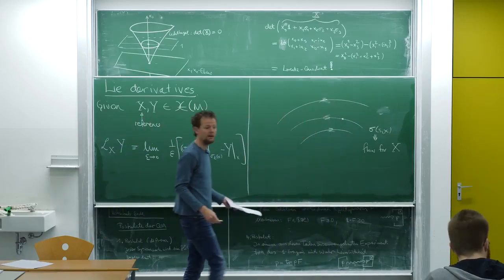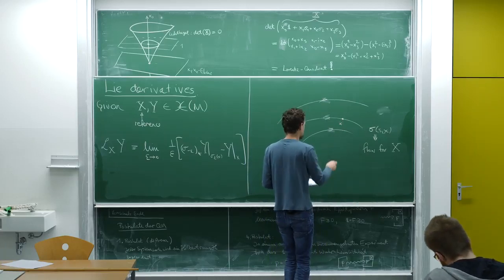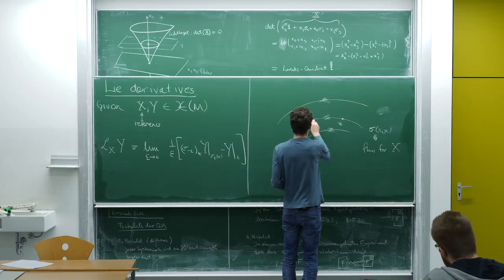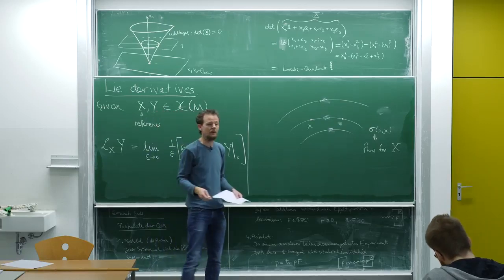We have some point that we like, let's call it x. I'll put x over here so we've got enough space. So we have some point in the manifold that we like.